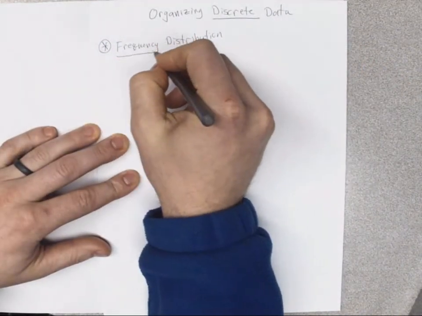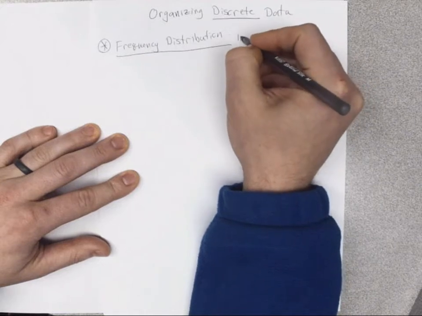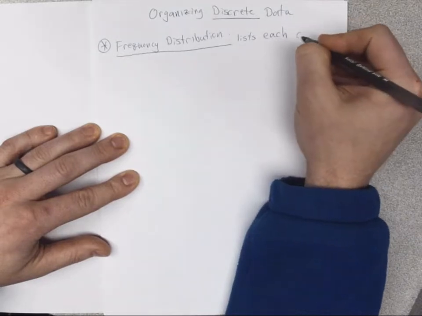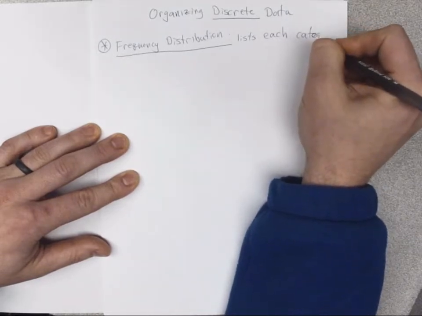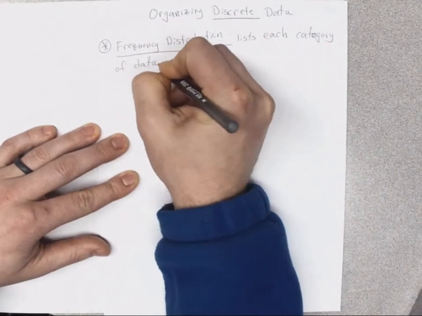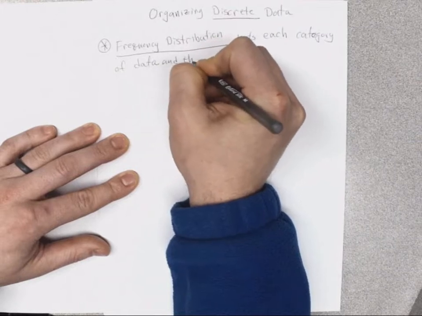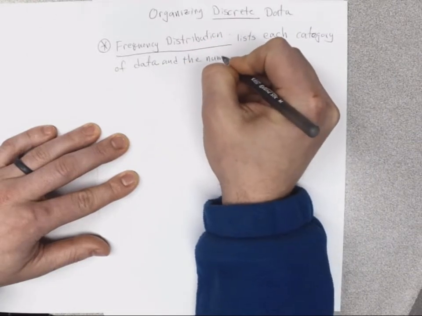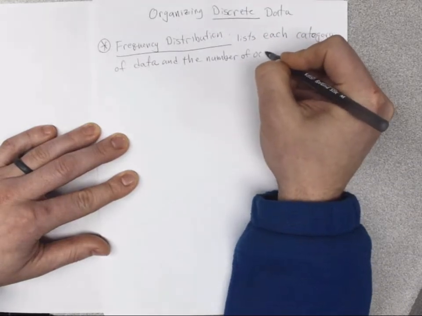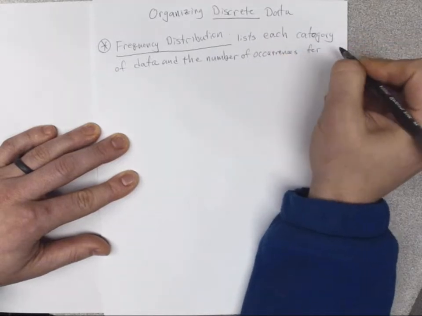So frequency distribution, its definition is basically: lists each category of data and the number of occurrences for each category.